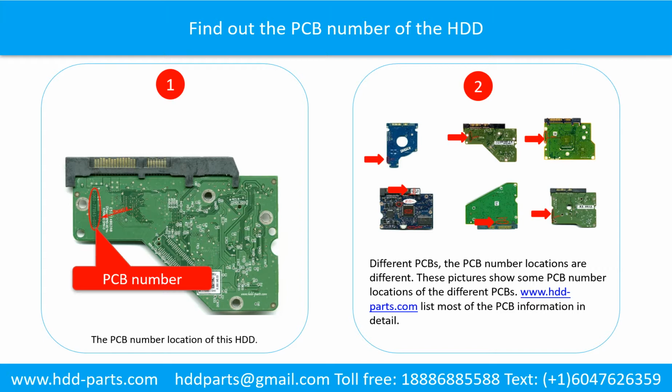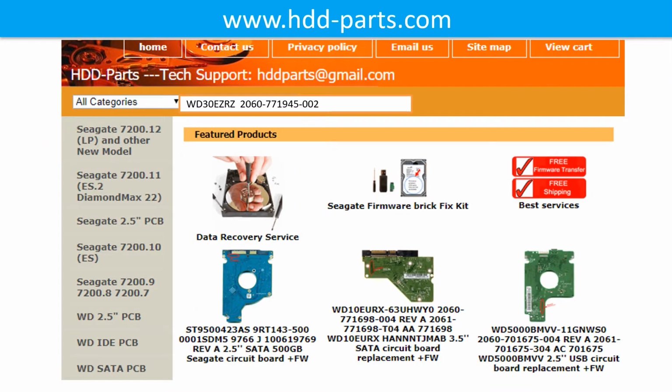If you want to find out your own PCB number, you may go to www.hdd-parts.com, which lists most of the PCB information in detail. After finding out the hard drive model number and the hard drive PCB board number, we use them as a reference to search for the correct donor board.